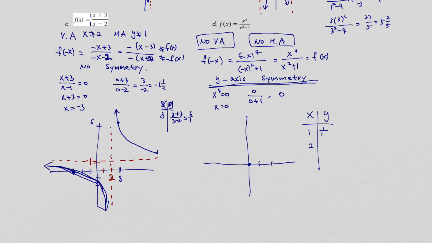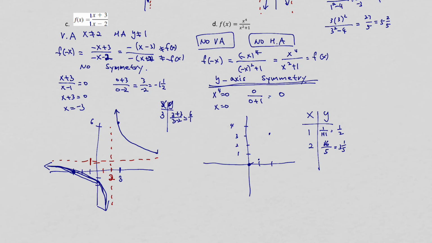So then I get 1 over 1 plus 1, which is 1 over 2. 2 to the fourth exponent will be 16, over 2 squared, which is 4, plus 1. That will be 5, which is 3 1/5. So when x is 1, it will be 1/2. When x is 2, it will be 3 1/5, somewhere right there.